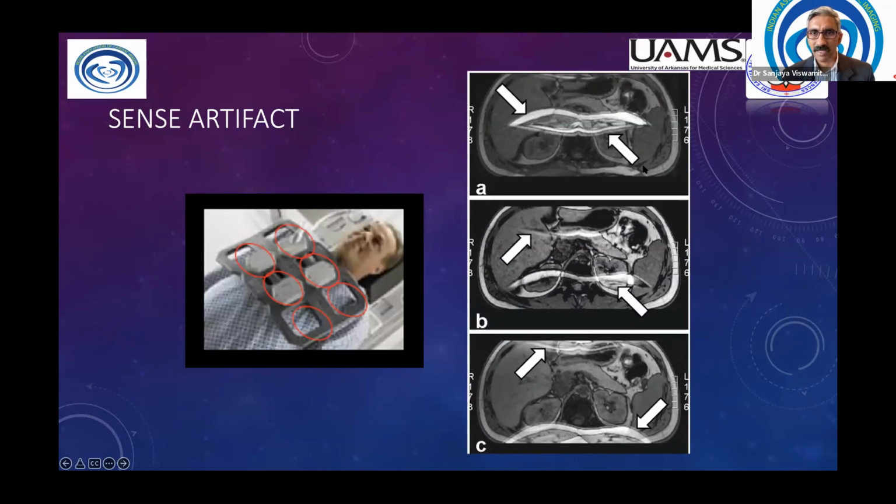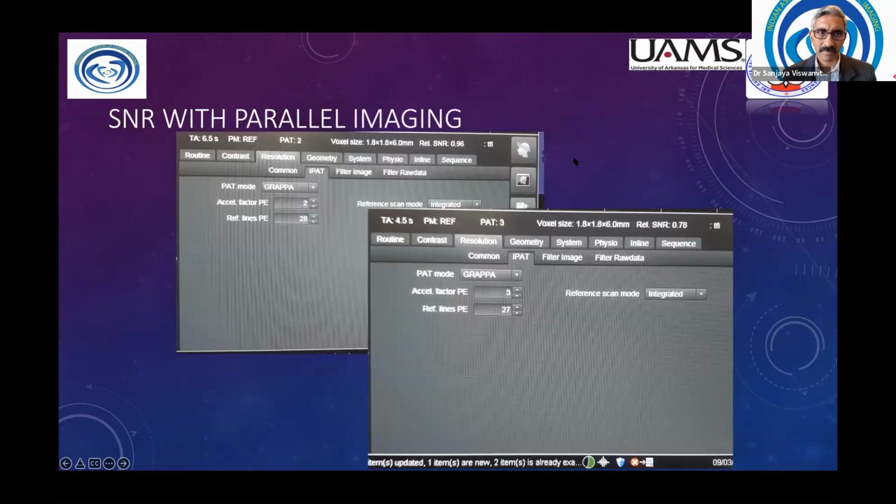This might be the posterior abdominal wall artifact that you're getting superimposed on each other. And here you can see that the top image has a higher R factor, the lower images have lower R factors, and therefore the wrap is less on the lower images as compared to the upper images.